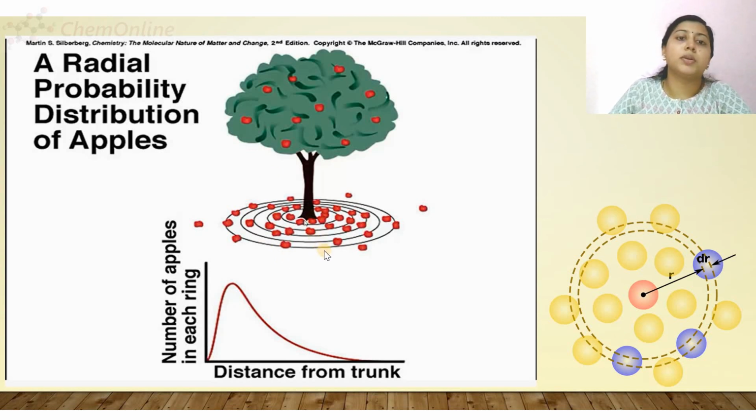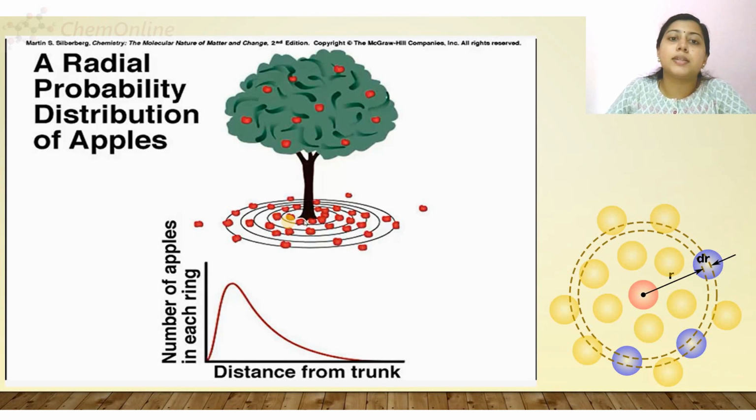So you have many rings. Now count the number of apples in each ring. We know that just below the trunk the number of apples will be 0, because apples fall off at a certain distance from the trunk. Now count the apples in each ring.